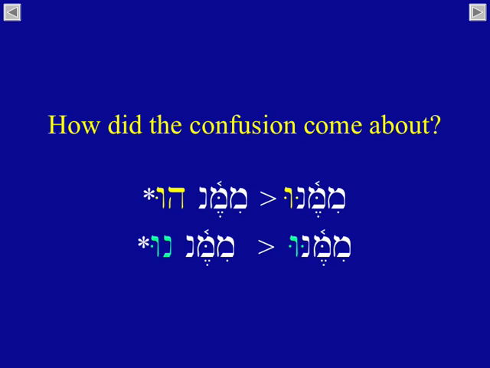Here you can see it laid out a little more clearly. Mimen, look at the bottom first, mimen plus the nu suffix, meaning us, gives you mimenu, from us. Similarly, mimen plus the hu suffix, meaning him, from him, becomes mimenu.